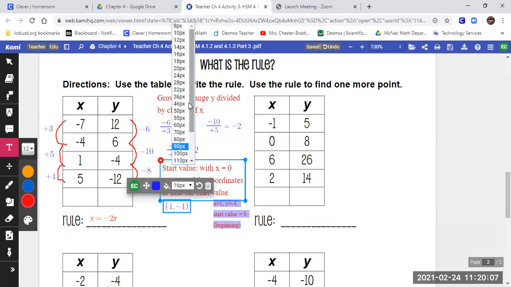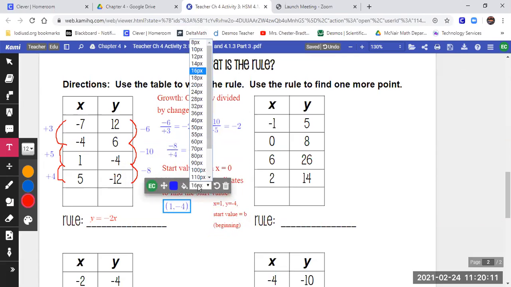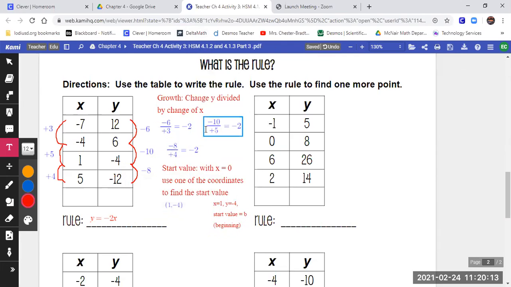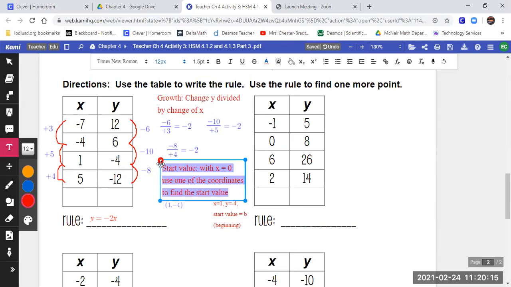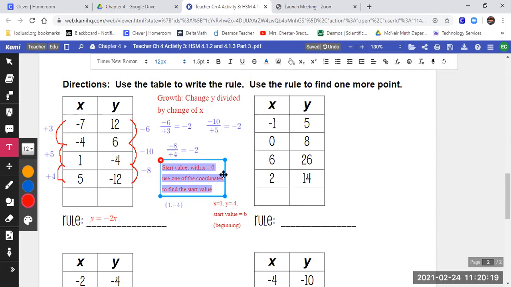This needs to be smaller. I got to downsize everything so I have space. Pardon the timeout. That'll work, because I want to put this guy here.